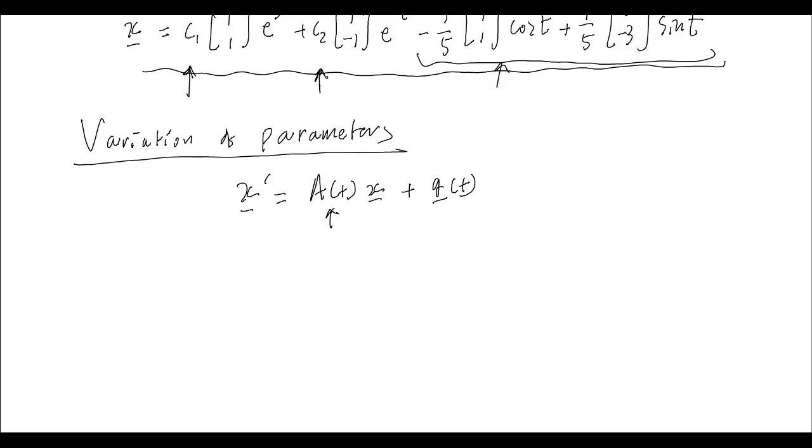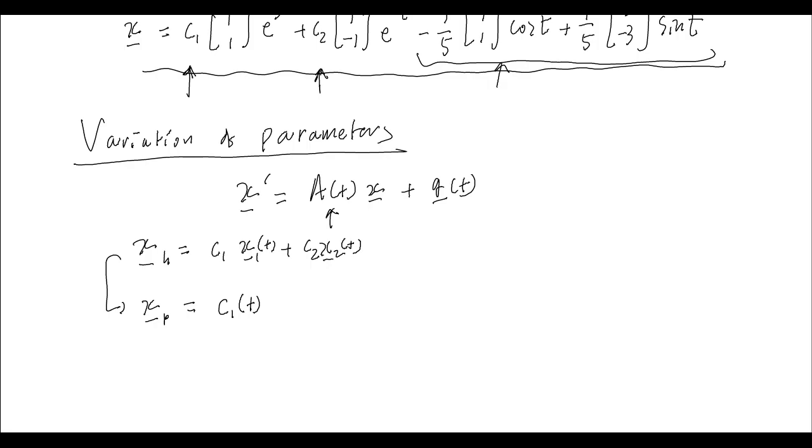This method is based on the assumption that xp, the particular solution, is a variation of xh. That is also similar to what we have done in the second order case. Here we know that xh is c1 x1 plus c2 x2, and these two are functions of t. But in this method, we assume that xp can be written as c1 of t x1 of t plus c2 of t x2 of t.